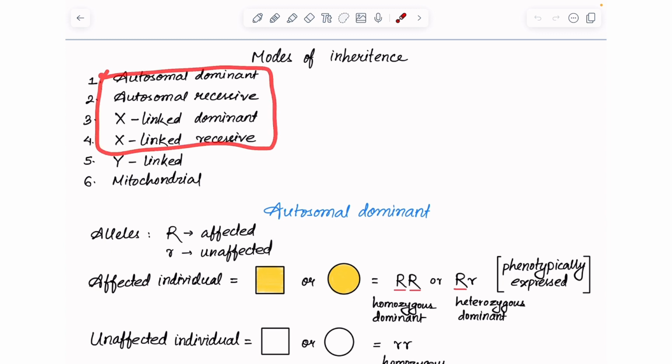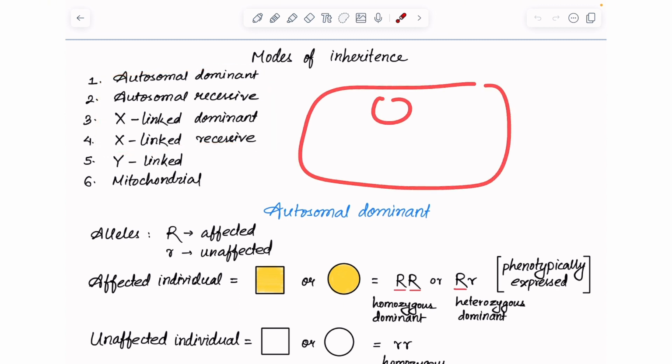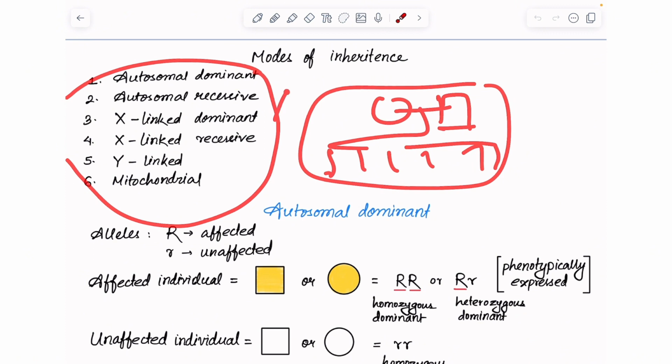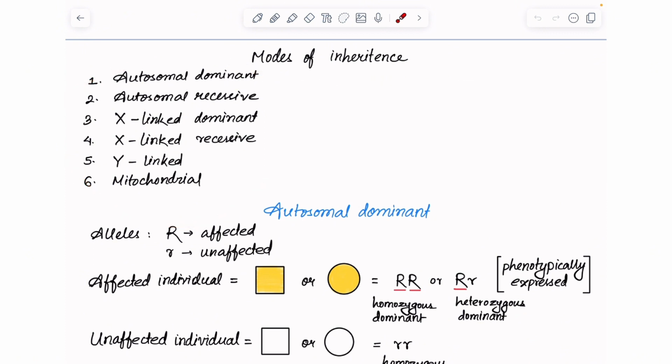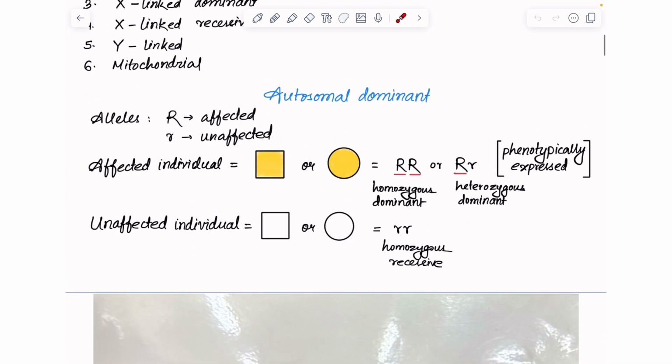For the other 4, I am going to give you the respective tricks to identify them whenever a pedigree is given to you. So you have a pedigree right here. Now just by looking at this pedigree, you need to identify which among these modes of inheritance is shown in the pedigree. First, let's look at autosomal dominant.